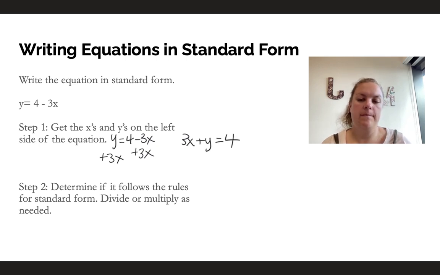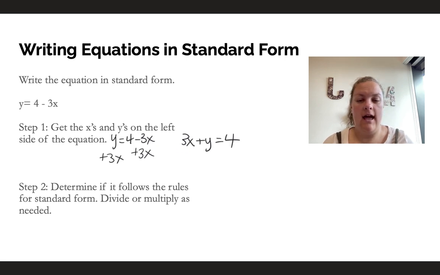I kept the y positive. Now we need to determine if it follows the rules for standard form because my x's and my y's are on the left side and any number that doesn't have a variable is on the right side. So here, there are no fractions, so it fits that rule. The 3 in front of the x is bigger than 0, so it is positive. That's a good thing.